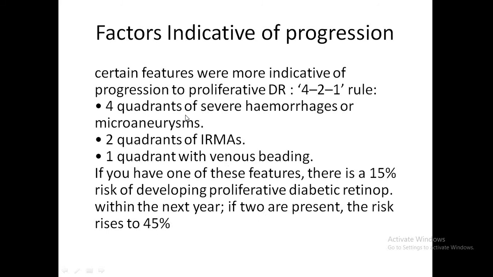So the factors are 4 quadrants of severe hemorrhages or microaneurysms, or IRMAs in 2 quadrants, or venous beading in 1 quadrant. So you can find that venous beading is an important risk factor in the progression of retinopathy to proliferative retinopathy.